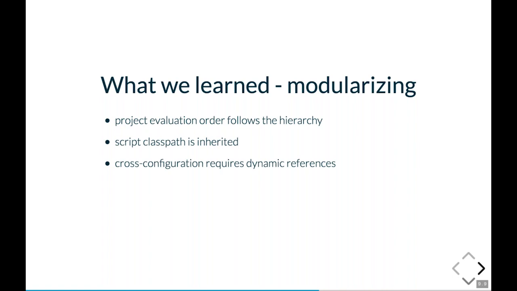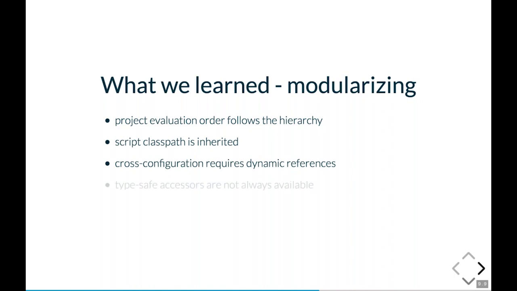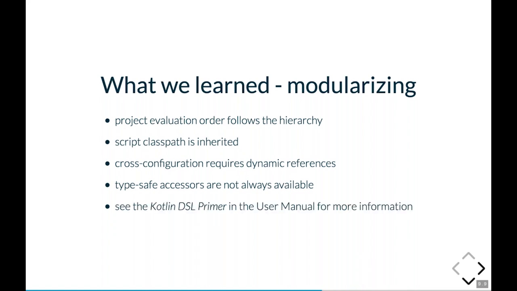And we also learned that cross-configuring requires dynamic references, and we learned how to do it. In other words, type-safe accessors are not always available. There are cases they are not. And you can refer to the Kotlin DSL primer in the Gradle user manual, and it details all the cases where the type-safe accessors are available or not.